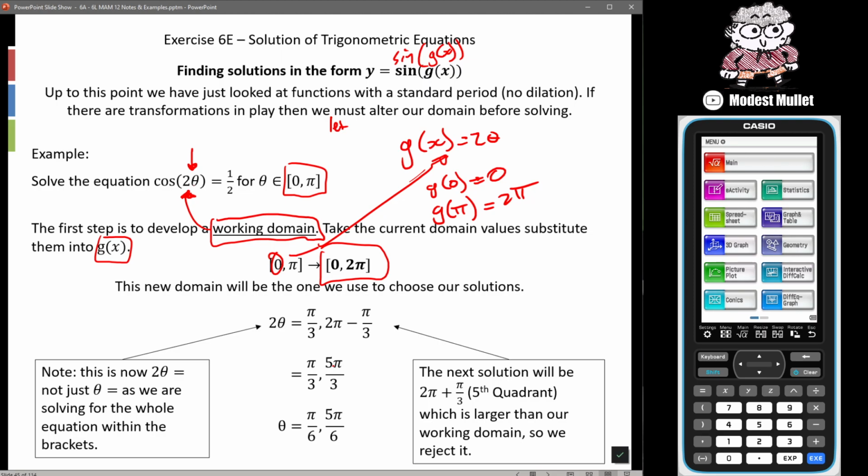So when I solve this cos bit, because I'm technically doing cos, what gives me half, I'm going to list all the values that work. That's what this is, listing values, and they need to be in the working domain.